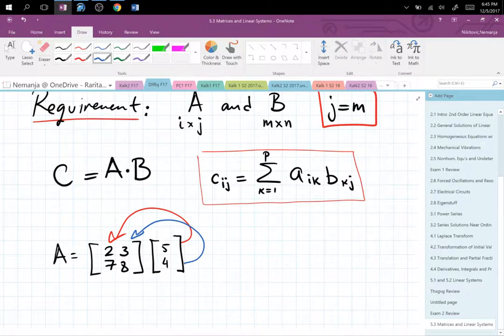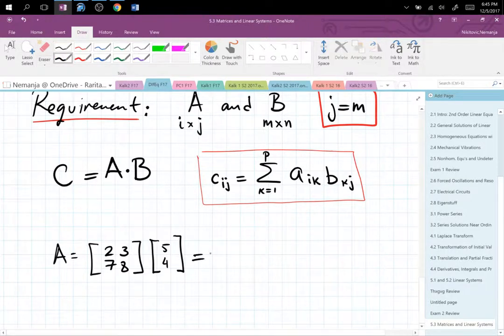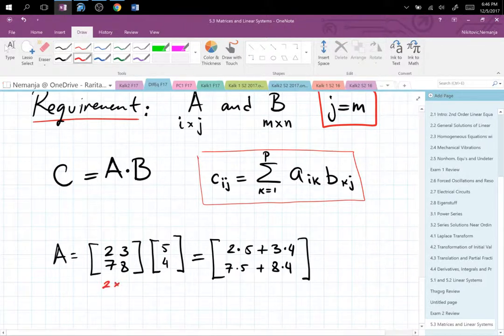So what do we get? Matrix multiplication works this way. You have 2 times 5 plus 3 times 4, and the bottom entry is 7 times 5 plus 8 times 4. Observe that your initial matrix was 2 by 2, the second matrix is 2 by 1, and you're getting the answer 2 by 1.